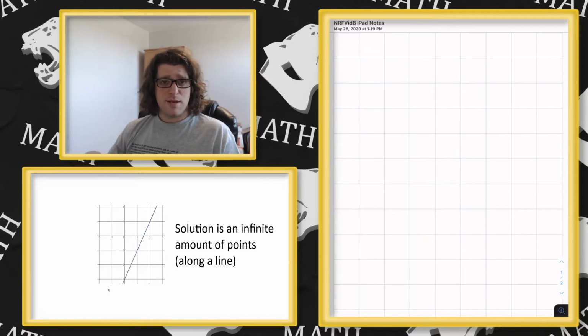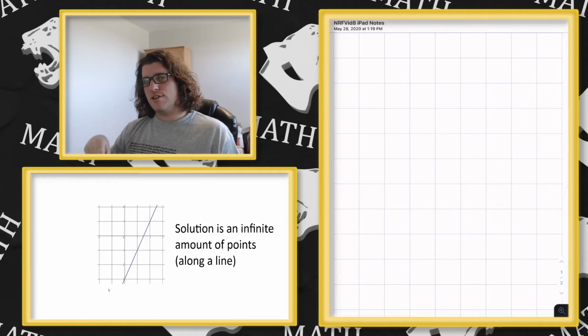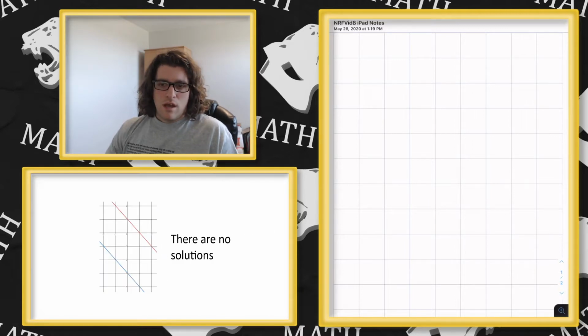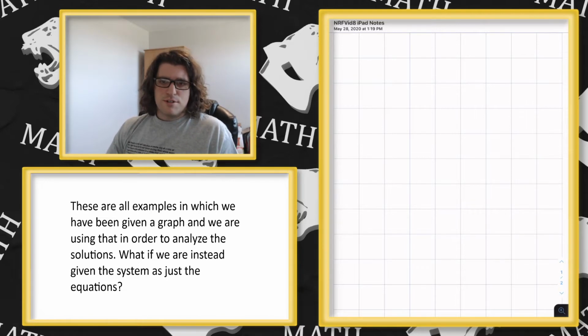Obviously, they are the same line, but they might look different in terms of the algebraic representation. It's quite possible that one could be in point-slope form and the other in slope-intercept form, and you might not recognize until you solve that they are in fact the same line. And in this case, there are no solutions.